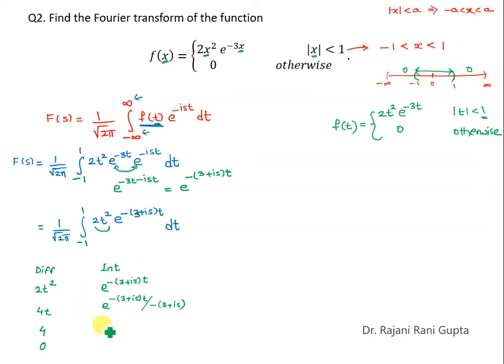Integrate it again: e power minus 3 plus iota st divided by, when it is divided again, this minus sign will disappear because minus comes 2 times, so it becomes 3 plus iota s to the power 2. And when we integrate the third time, it is e power minus 3 plus iota st over, now the third time the minus sign will come again, 3 plus iota s to the power 3.